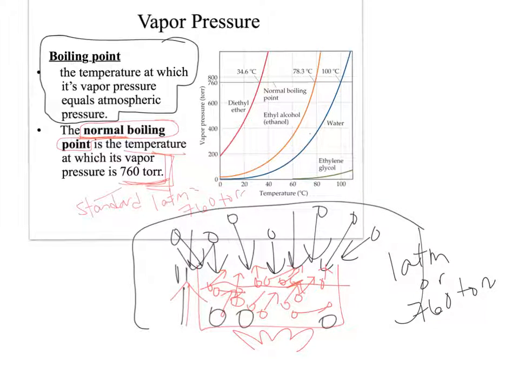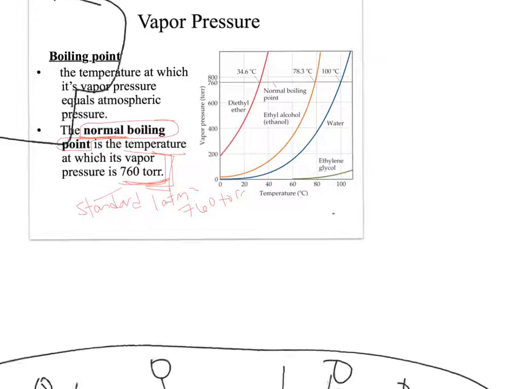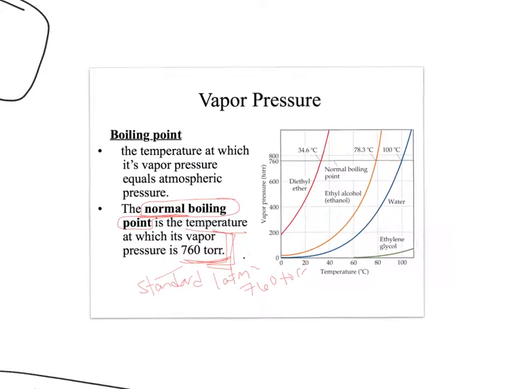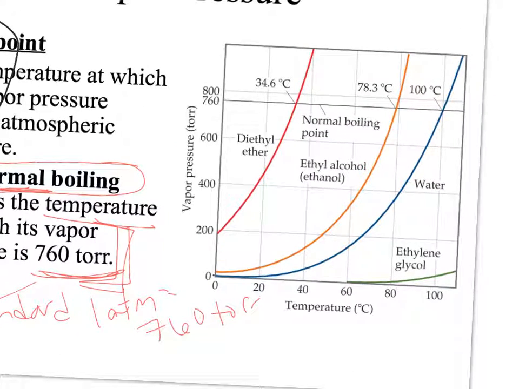Here is our line for diethyl ether. And at 0.8 atmospheres, they're going to make us do math, and I don't have my calculator.